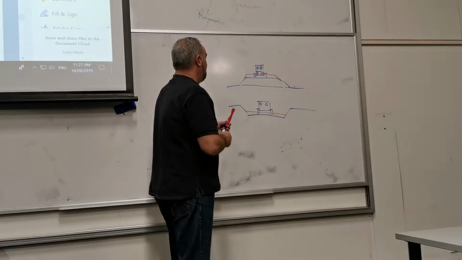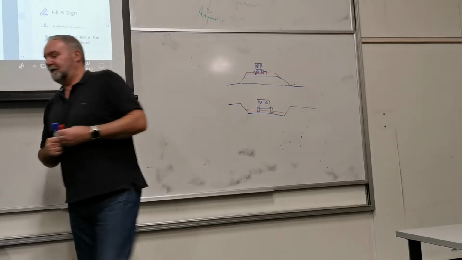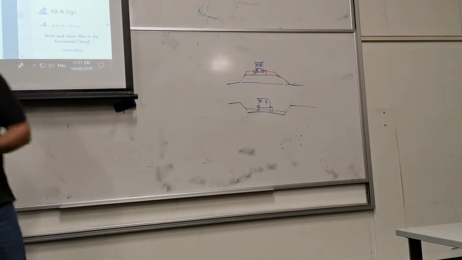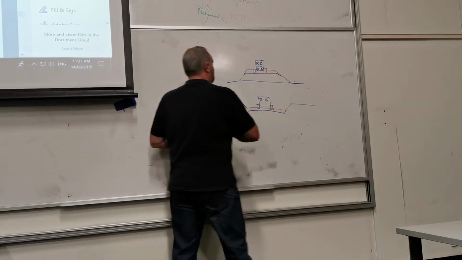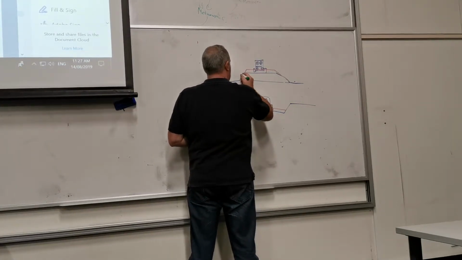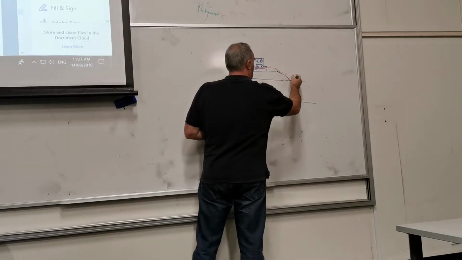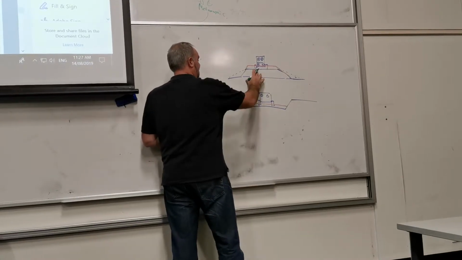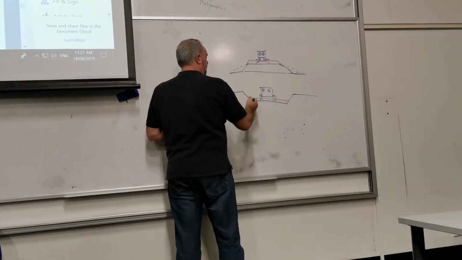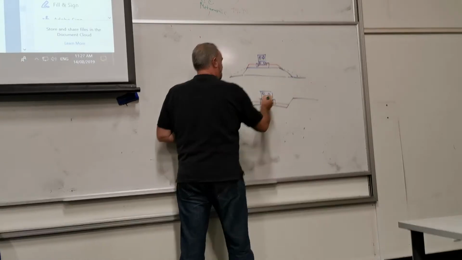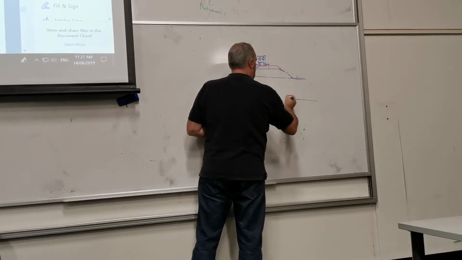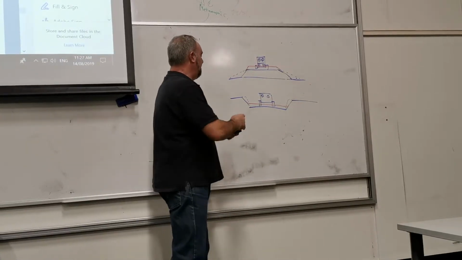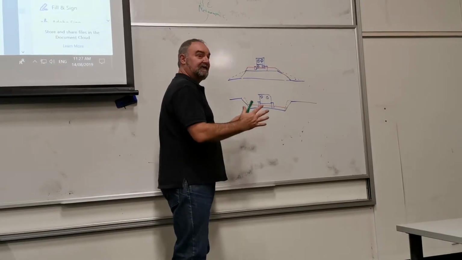Another way of doing it is, I might have another colour here, yeah, I do, is to increase the batter slopes in the fill, and to decrease the batter slope in the cut. If we decrease the batter slope in the cut, we have less cut.